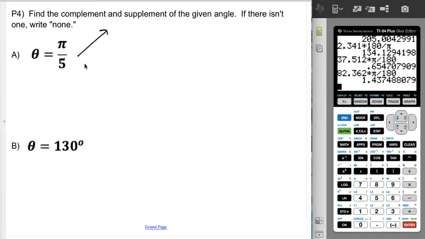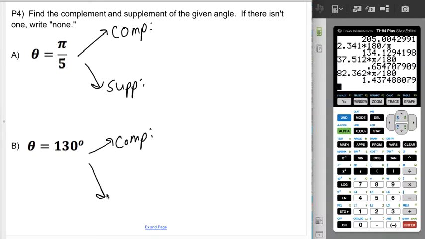So go ahead and find a complement and a supplement for each. I'm just going to say comp and sup because I'm lazy. All right. So for pi over 5, that's going to be pi over 2 minus pi over 5, and the only common denominator they're going to have is 10.